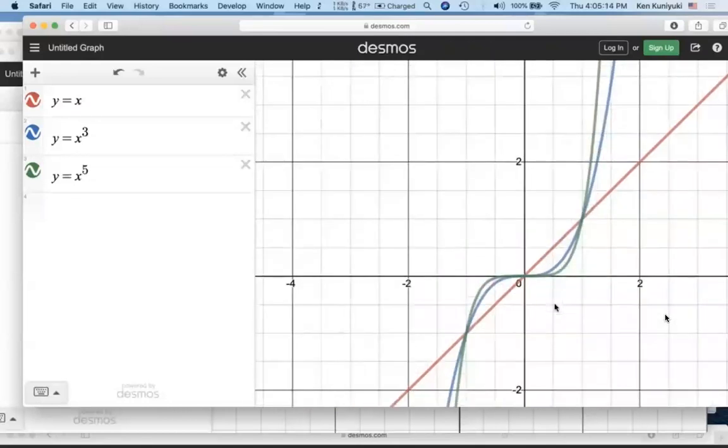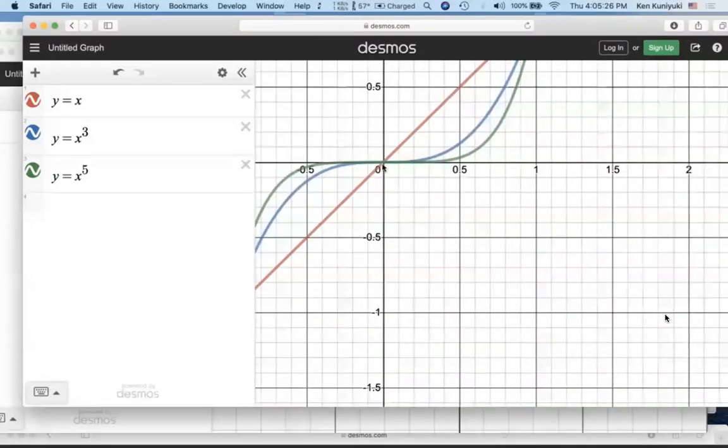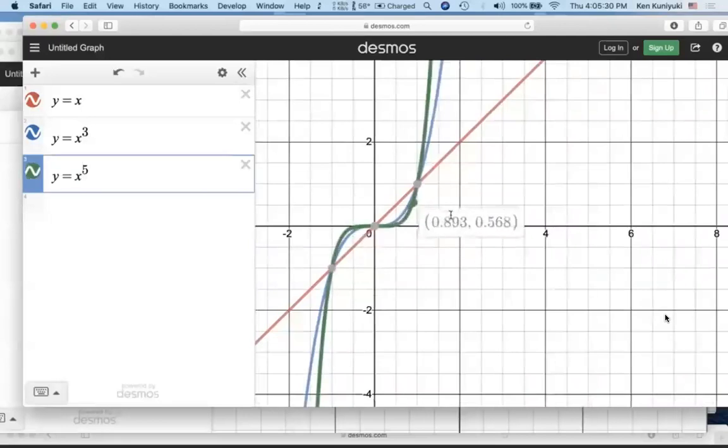So again, if you consider y equals x to a positive odd integer, then we get these snakes. They're steeper and steeper away from x equals 0, but the graphs get flatter and flatter as you get closer to the origin. They all go through the origin. And these all represent odd functions, where domain is R.